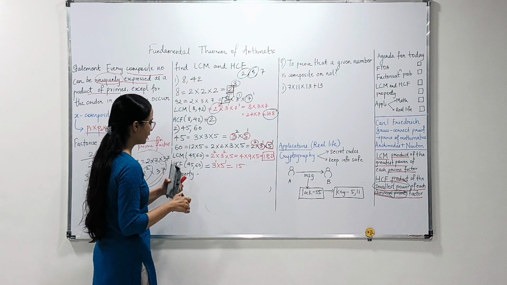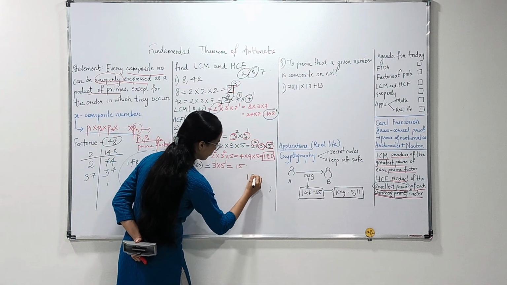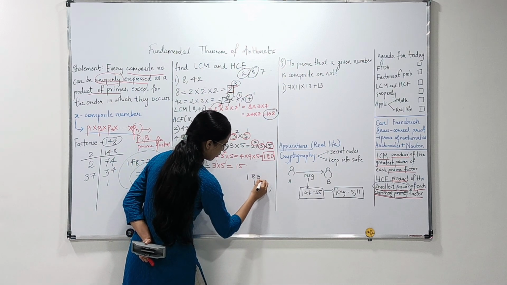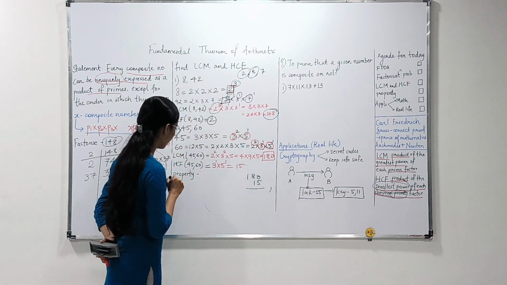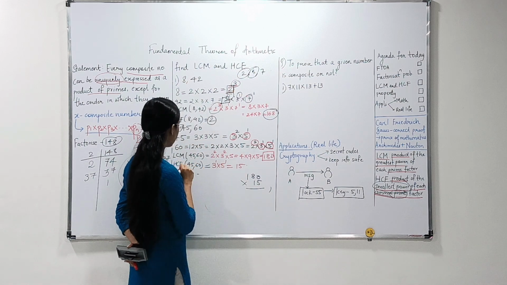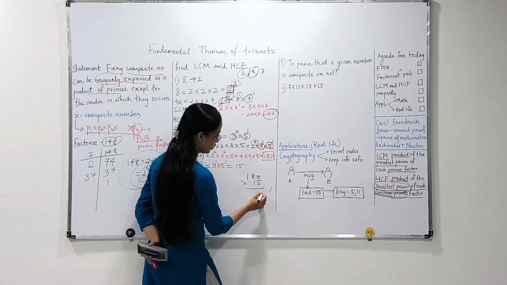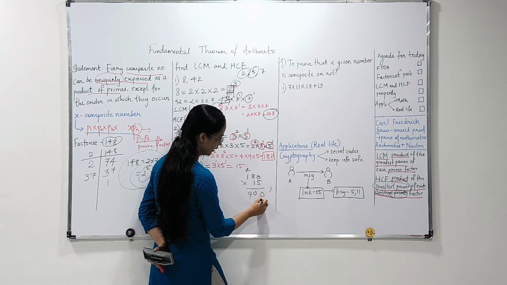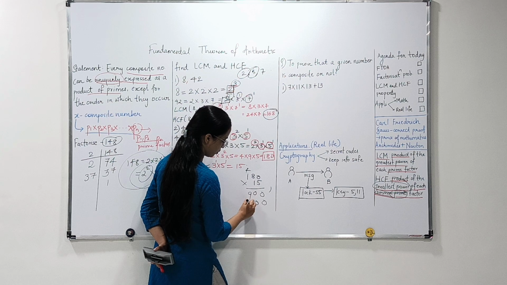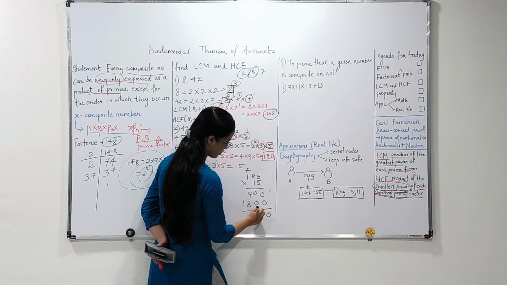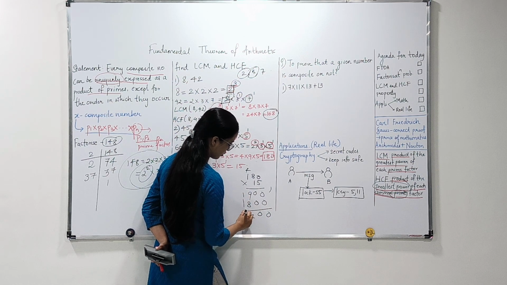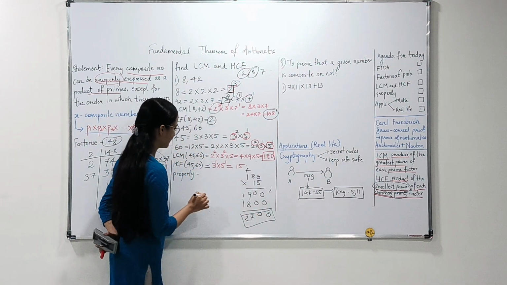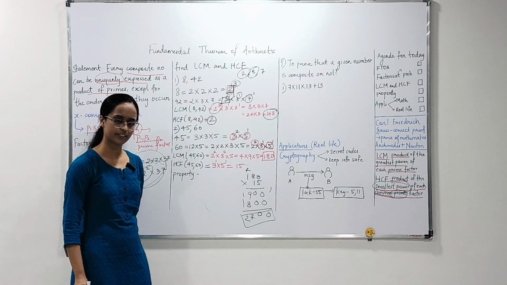So, we have the LCM as 180 and the HCF as 15, right? So when you multiply both these numbers, we get 2700 as the product of LCM and HCF of 45 and 60.